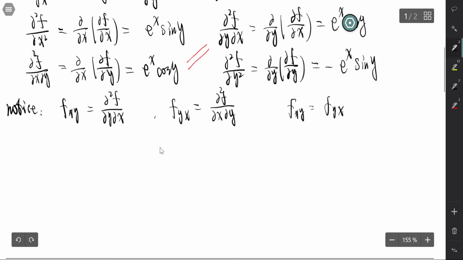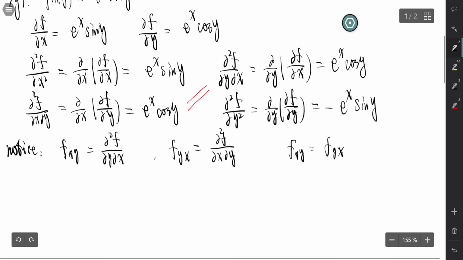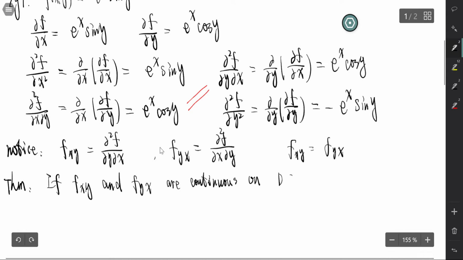This is not by chance. Actually, there's a theorem: if f_xy and f_yx are continuous on some subset of R squared, that is on the plane, then f_xy equals f_yx.